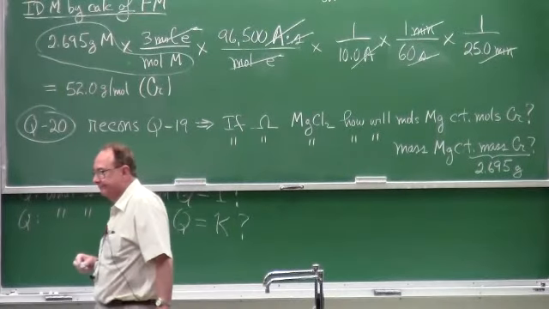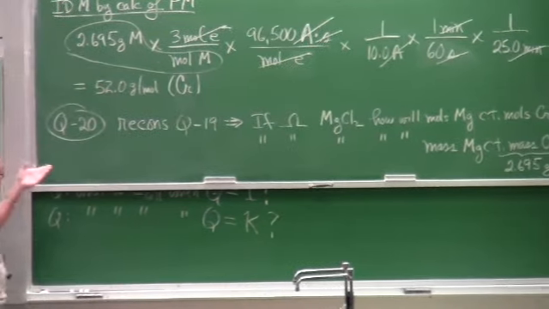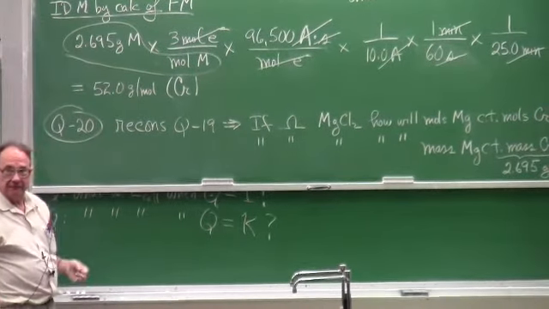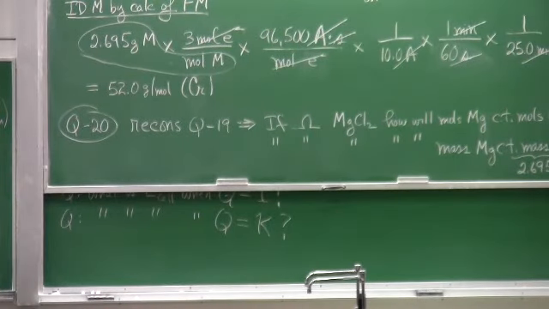Question 20. Question 20 is really rather like what we did over here with question 18 when we related the aluminum fabricated battery to the zinc fabricated battery. Now we're going to imagine, relative to question 19, that we're going to electrolyze magnesium chloride rather than what we've now determined to be chromium chloride.